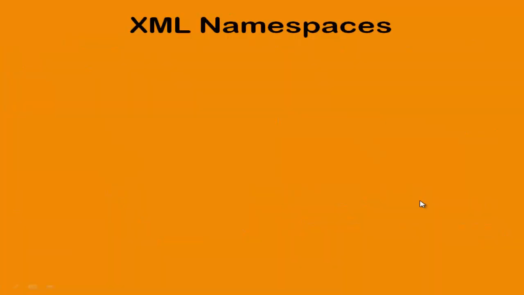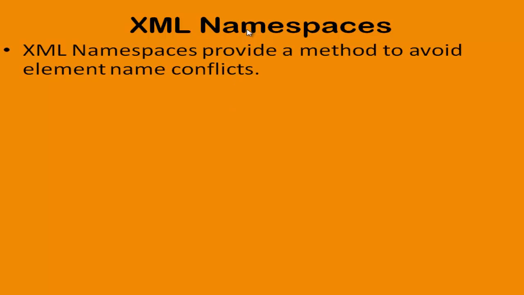Fine. Our next topic is about XML namespaces. As the name itself states, it is used to provide a namespace. What is a namespace? An XML namespace provides a method to avoid element name conflicts. Consider that in a particular document there can be two tags with the same name doing two different purposes.